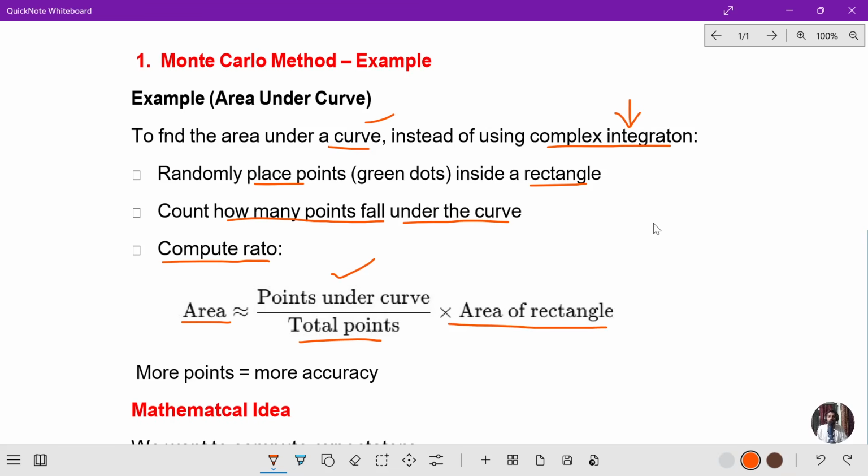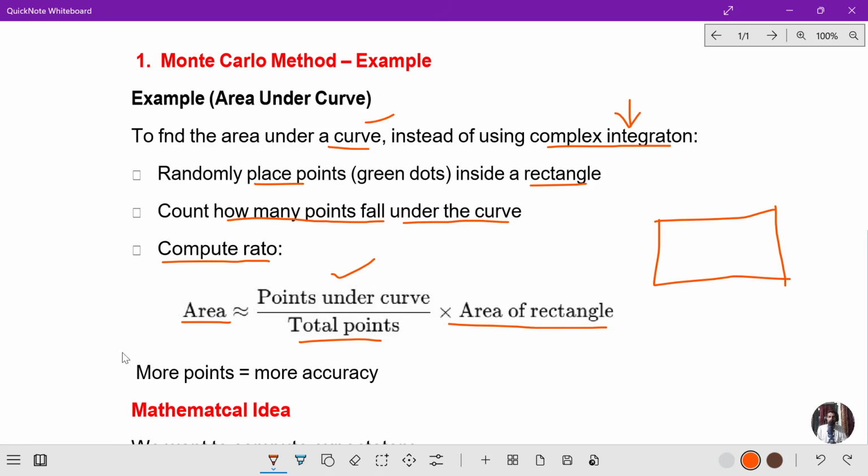There is a rectangle, and we find the area under the curve. The formula is points under the curve divided by total number of points, times the area of the rectangle.